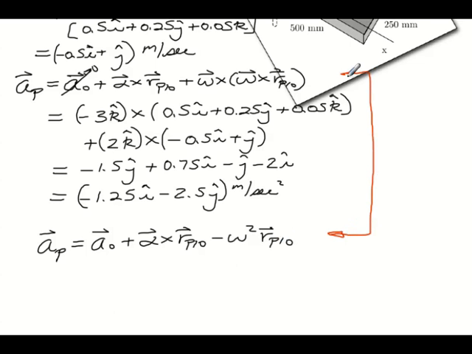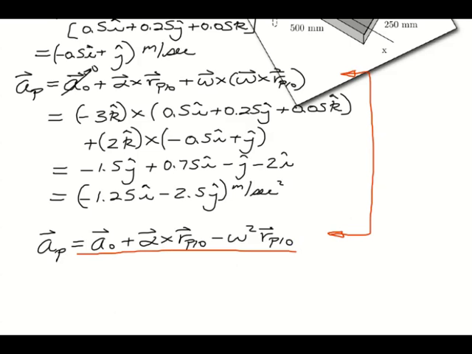One thing that we talk about in class is that this form of the equation is easier to use, but it only works if O and P are both in the XY plane. And that's most of the problems we're going to do, that's going to be the case.